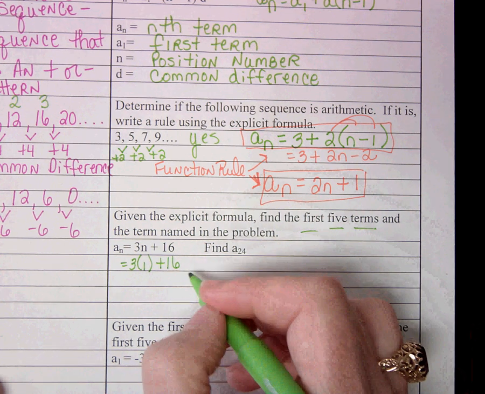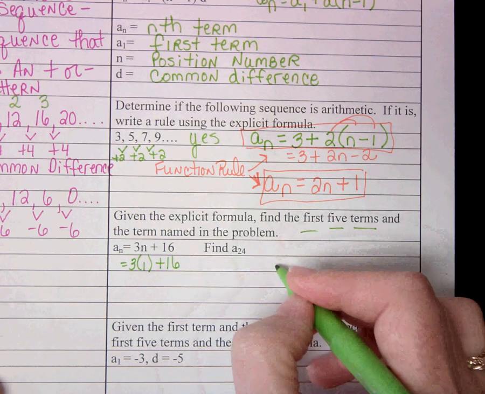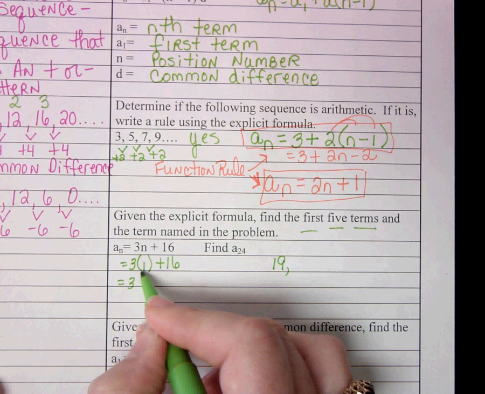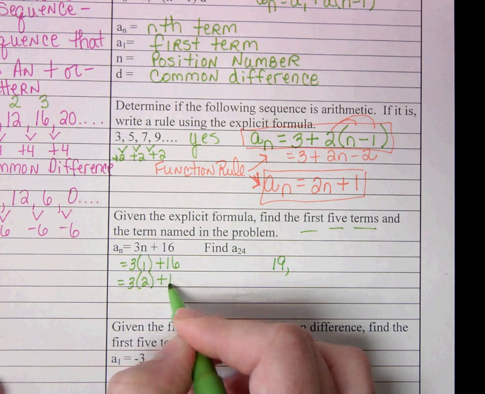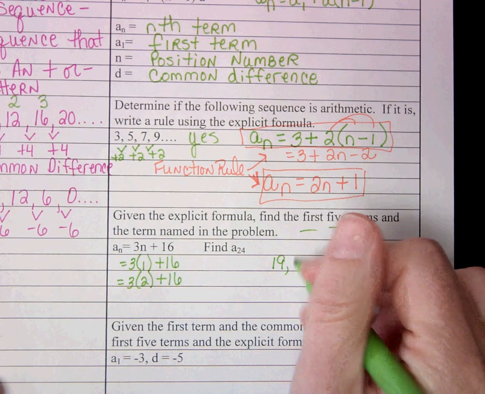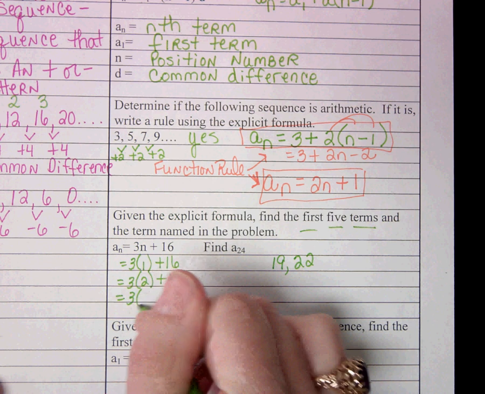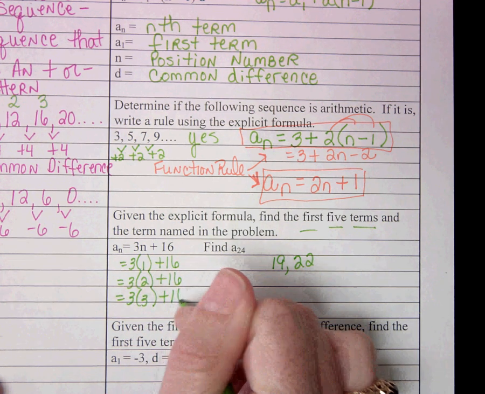So 3 times 1 plus 16 is 19. And then we have the second term, 3 times 2 plus 16 is 22. 3 times 3 plus 16 is 25.